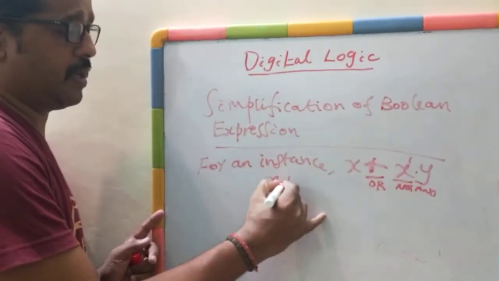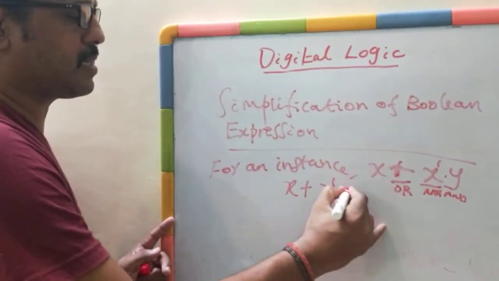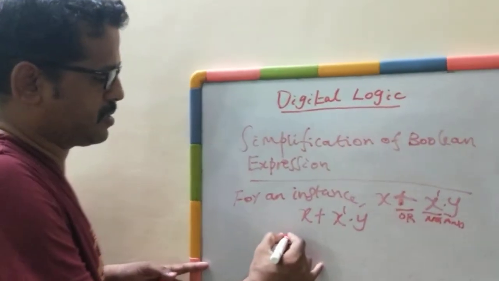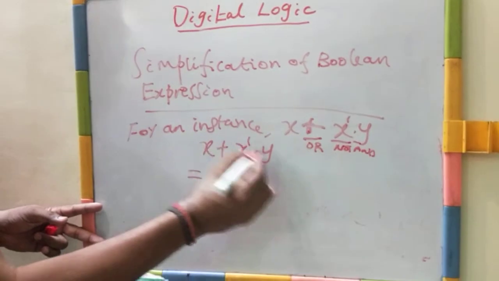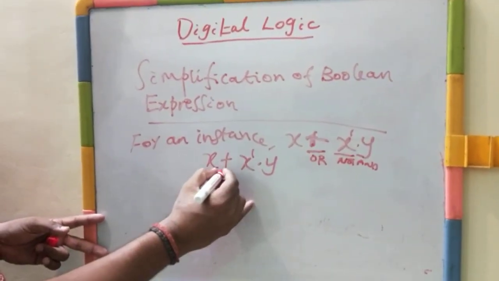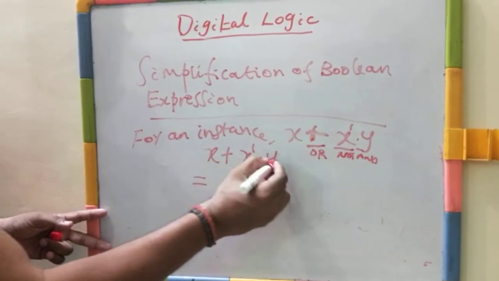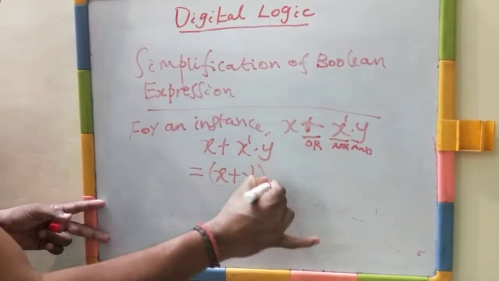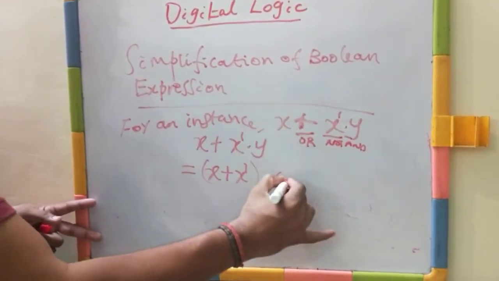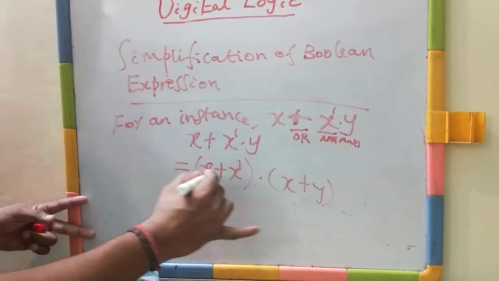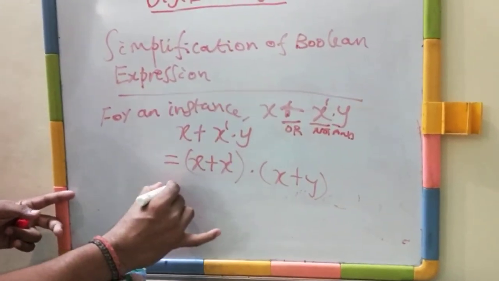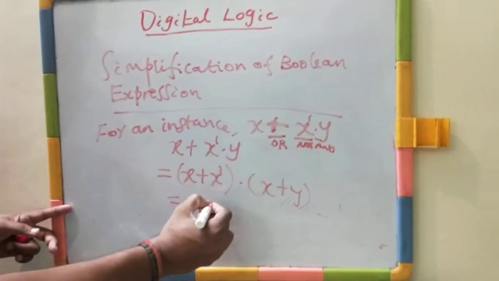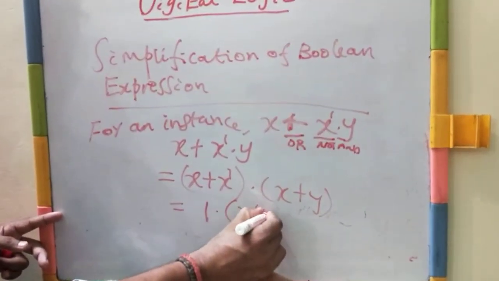X plus x dash into y. So how to simplify? We need to take the help of Boolean theorems. This is in the form of the distributive law, that is A plus B into C can be written as A plus B into A plus C. We know x plus x dash is 1 by the law of complementarity, into x plus y.